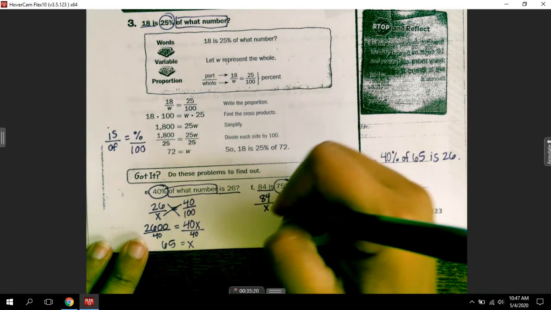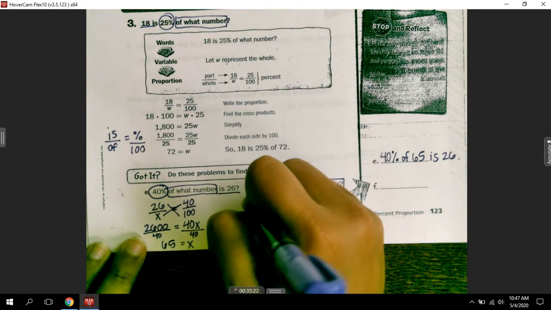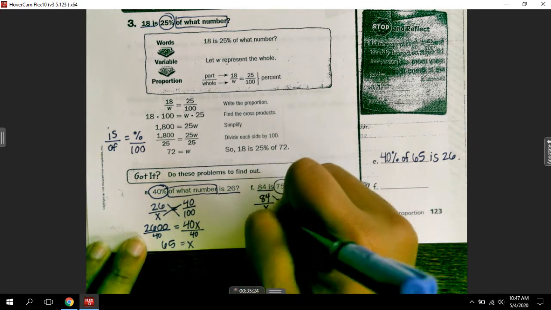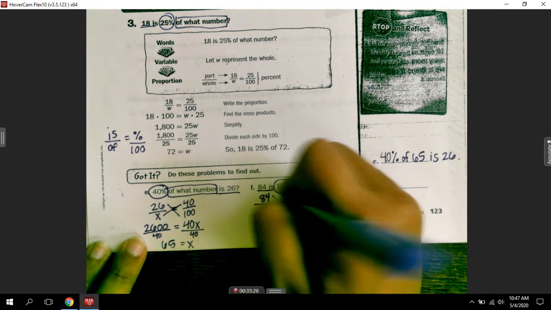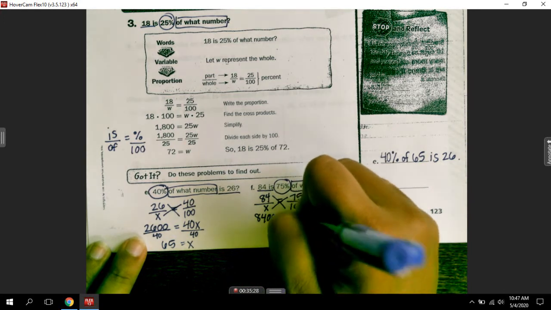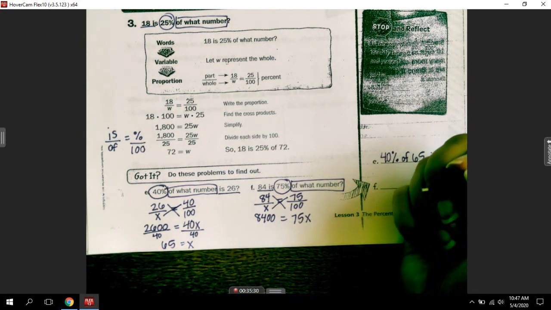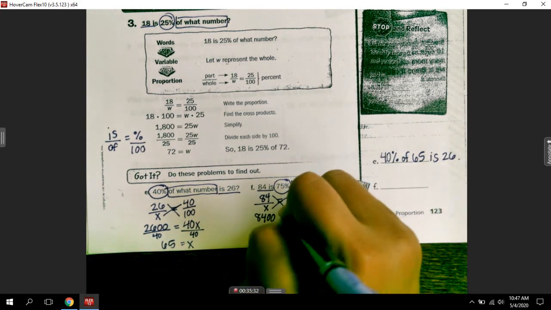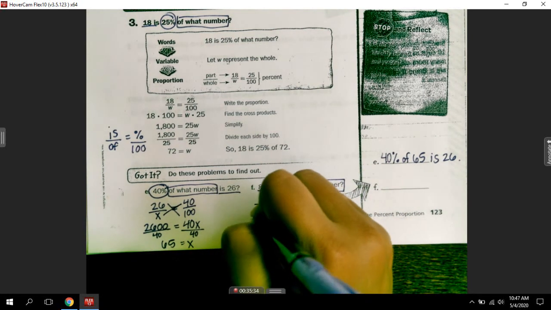Now you want to cross multiply it. So 84 times 100 is 8400 equals x times 75, so 75x. Then solving for x, you're going to divide both sides by 75.